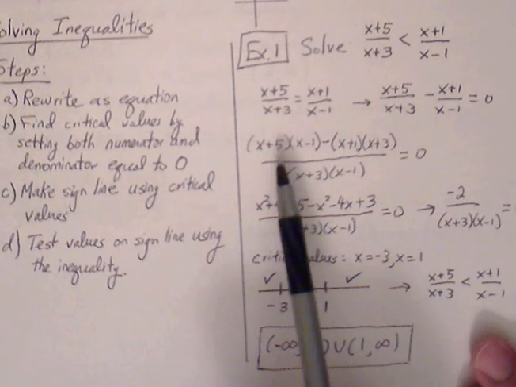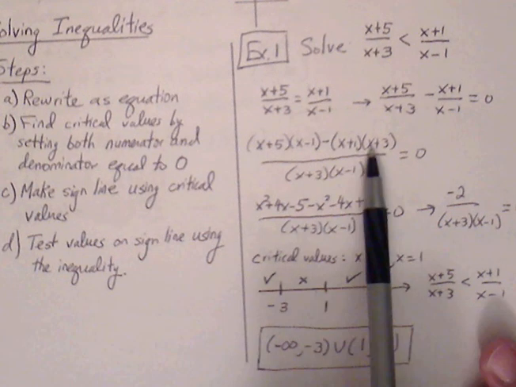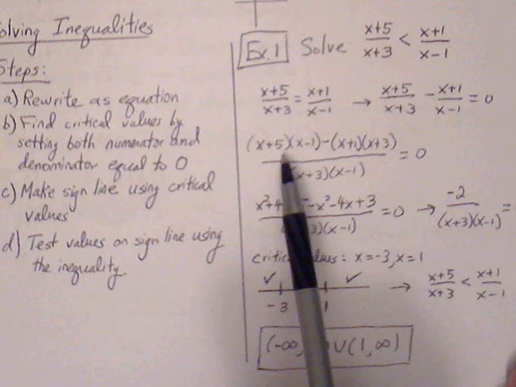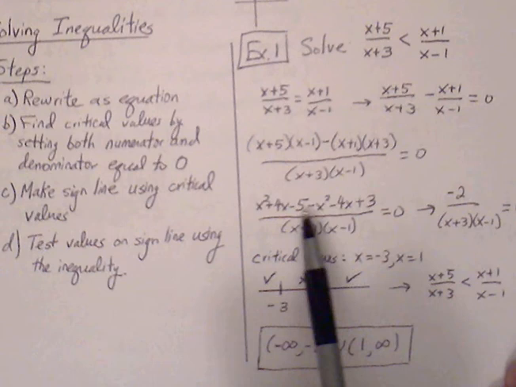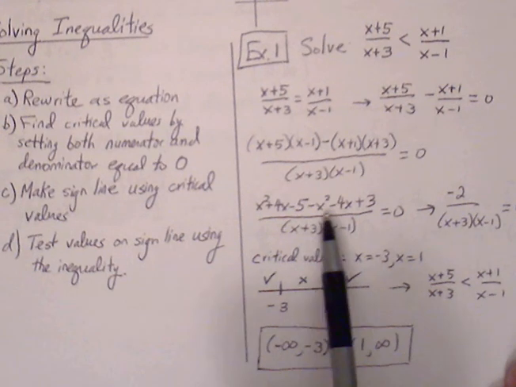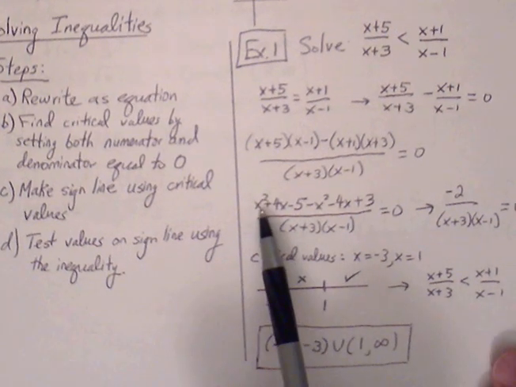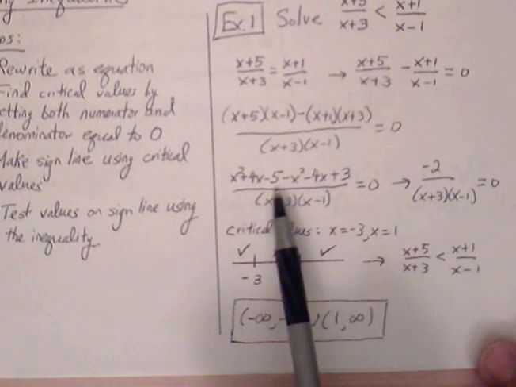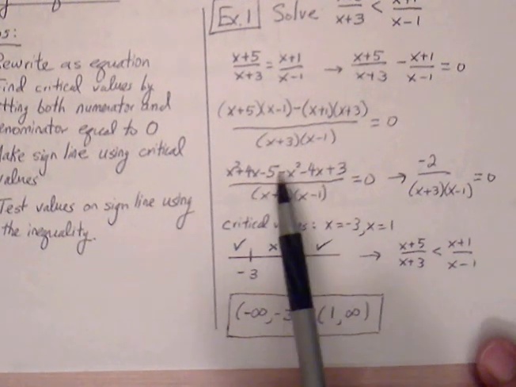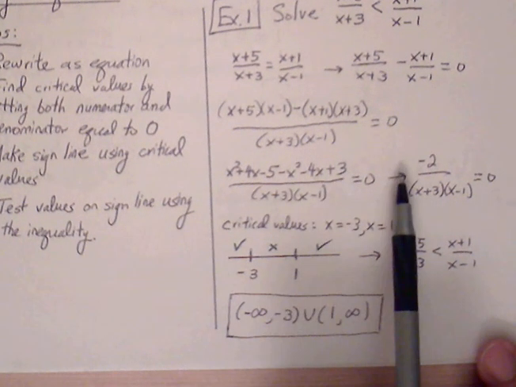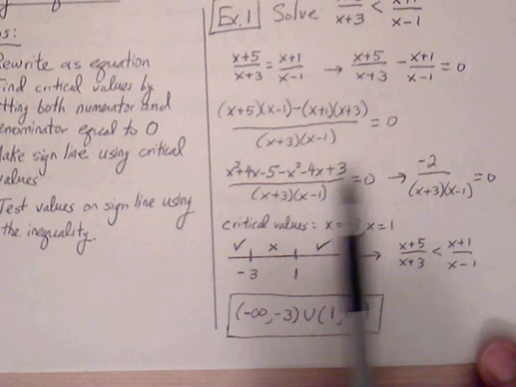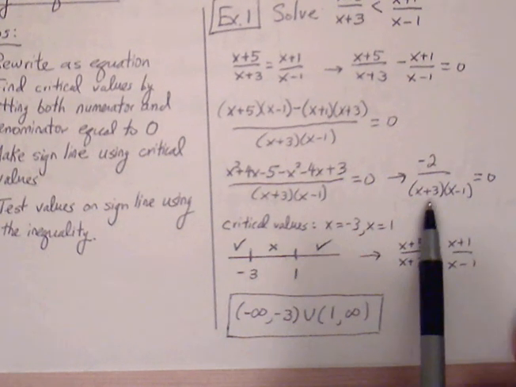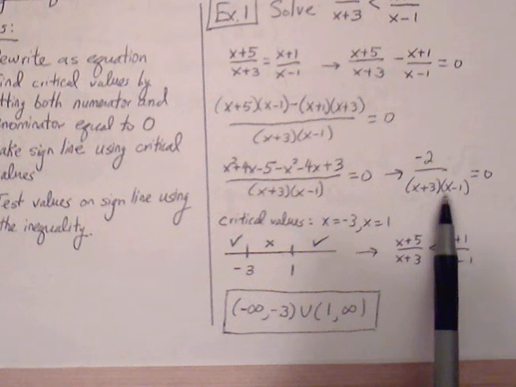We're going to clean up the parentheses here by expanding. And once we expand, we can combine like terms. Everything will cancel out except for negative 5 plus 3, which is a negative 2. And the denominator being x plus 3 times x minus 1.